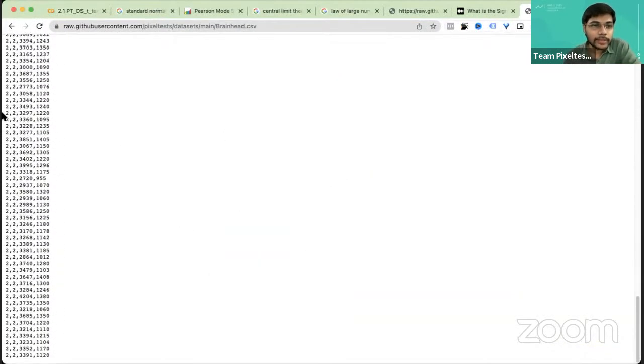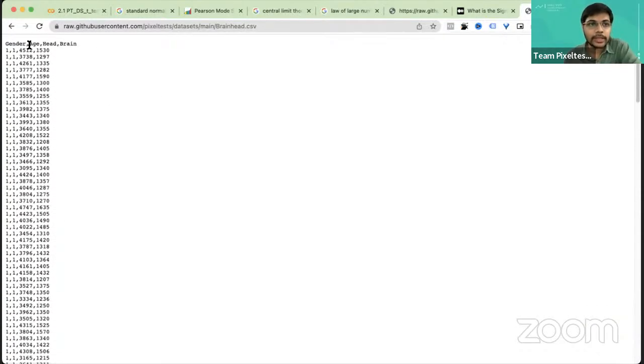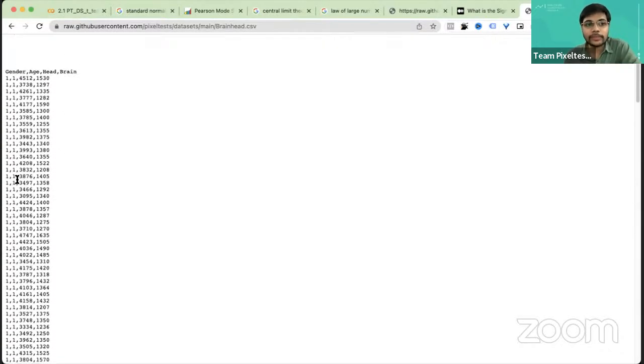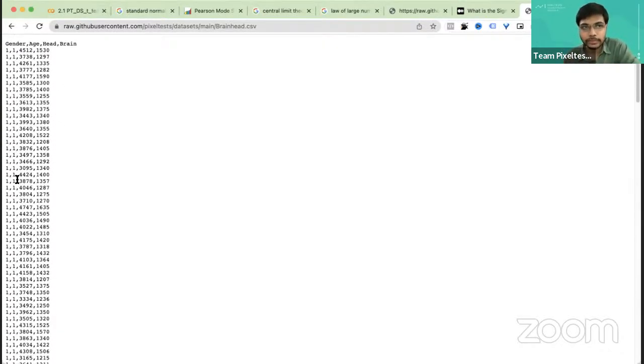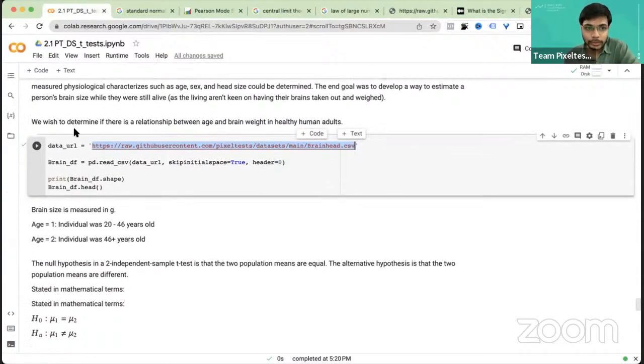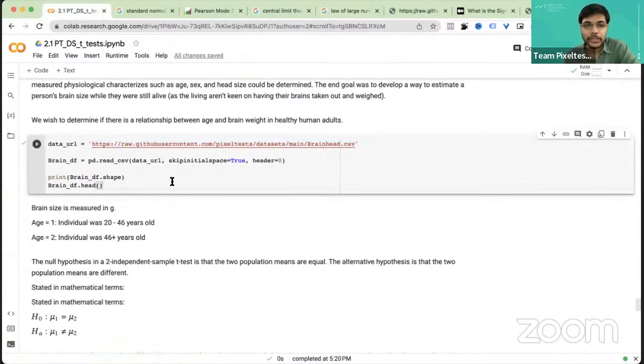There is gender, so maybe 1 for one gender and 2 for the other, and age. There are two ages, 1 and 2, which means younger and older. So they have a younger age group and an elder age group. The head and the brain weights are also given, right?